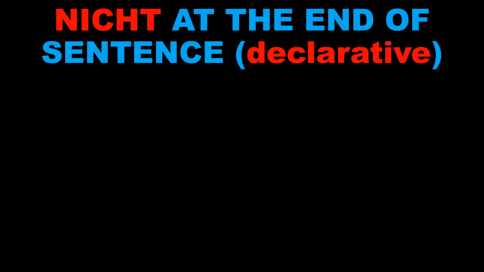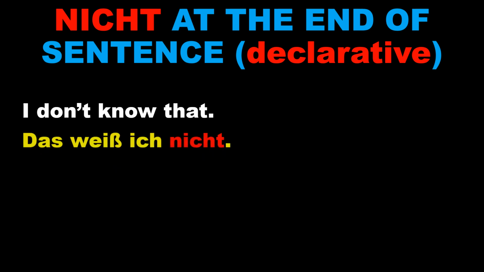Now, nicht at the end of the sentence. Let's take a few examples to understand it. I don't know that. That is how we will translate it in German. Das weiß ich nicht. Here we have kept nicht at the end of the sentence. That is why it's a declarative sentence.